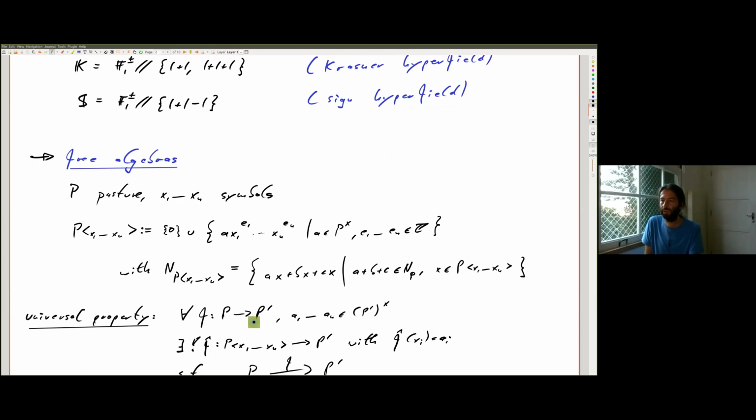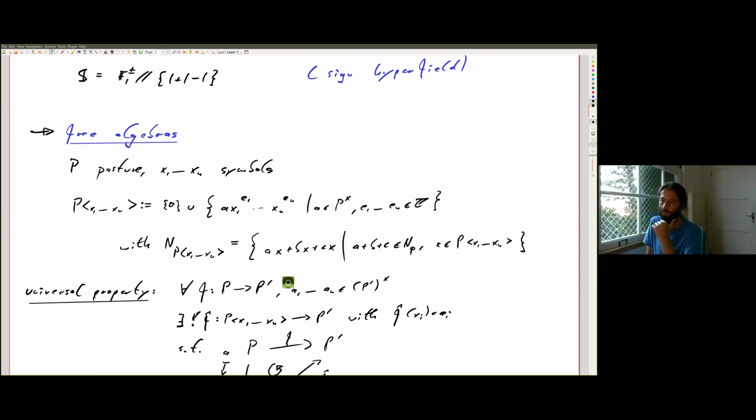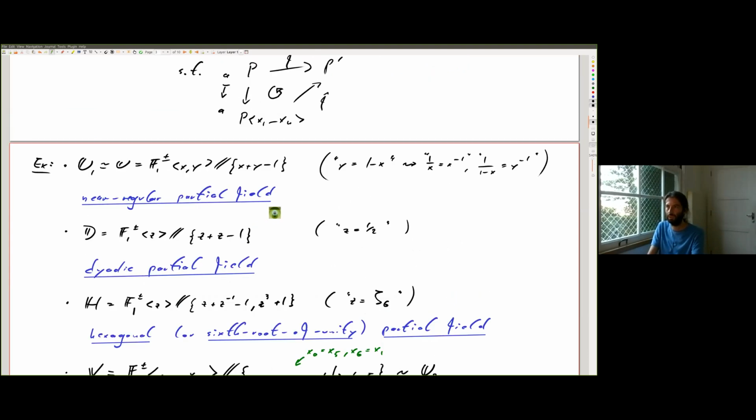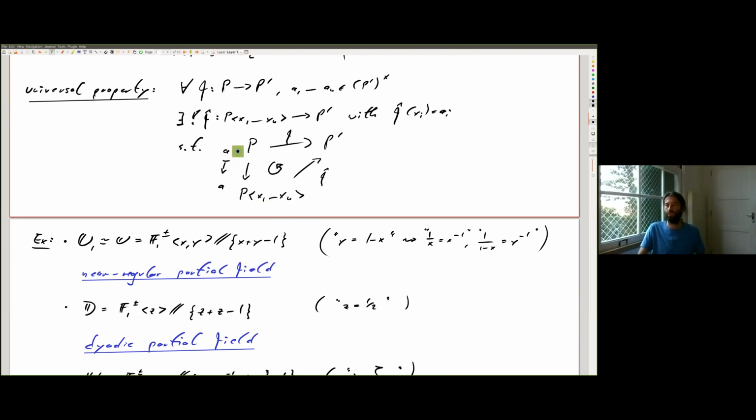Namely, whenever we have a given morphism f from the pasture P to another pasture P prime, and elements a1 to an in P prime that are invertible, so that are non-zero, then there's a unique lift of the morphism f to the free algebra P angled brackets x1 to xn that maps the xi to the elements ai, and that extends the morphism f in the sense that if we map P to the free algebra by just mapping an element a to the constant polynomial a, then f is equal to this embedding followed by the lift f hat. Okay, this justifies calling this a free algebra.